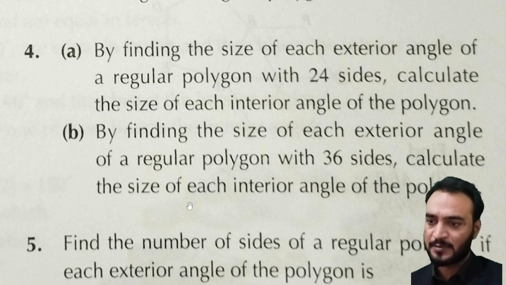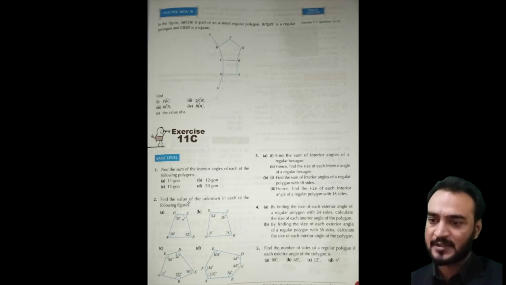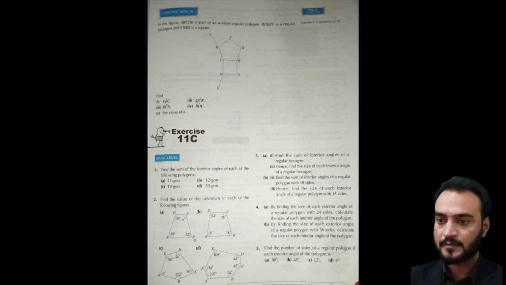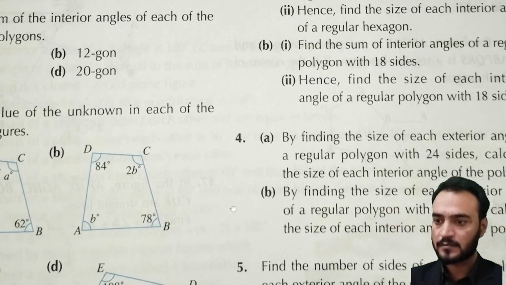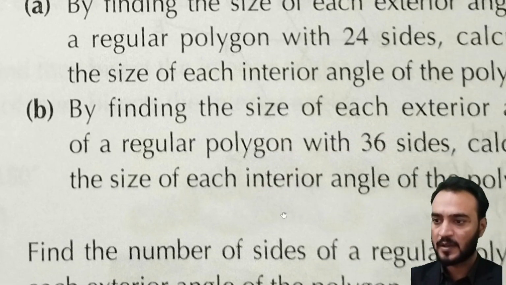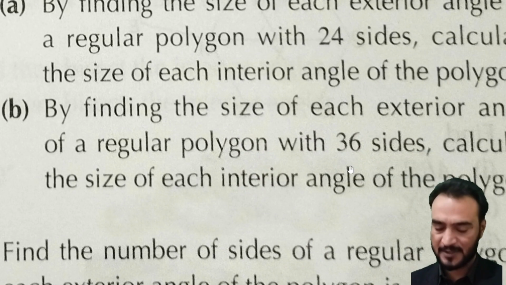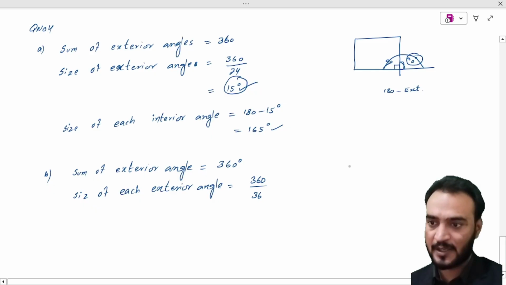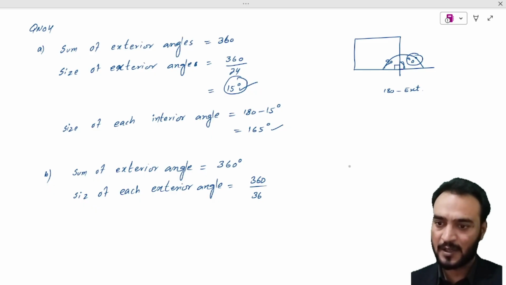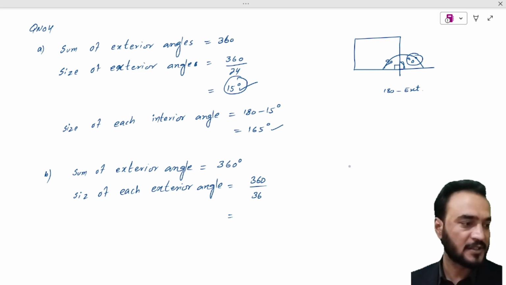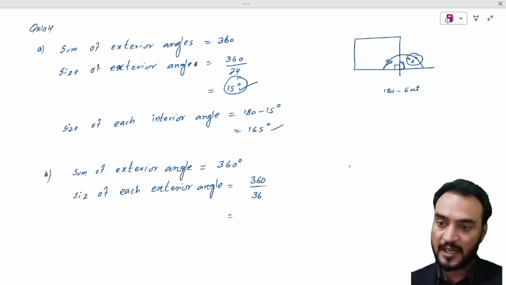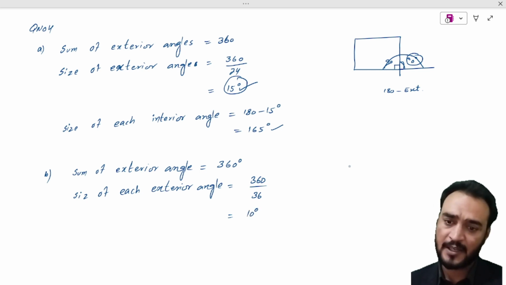You can see this polygon has 36 sides. So that's why we divide the sum of exterior angles by 36. Dividing 360 by 36, we get 10 degrees. So each exterior angle is equal to 10 degrees.